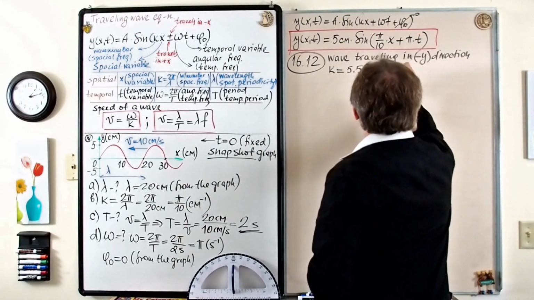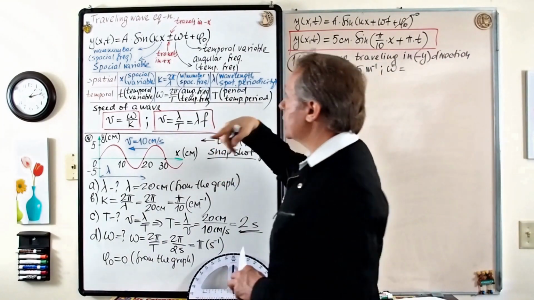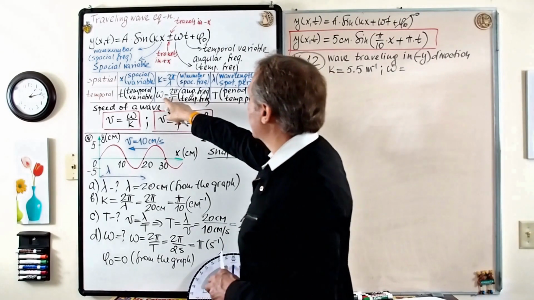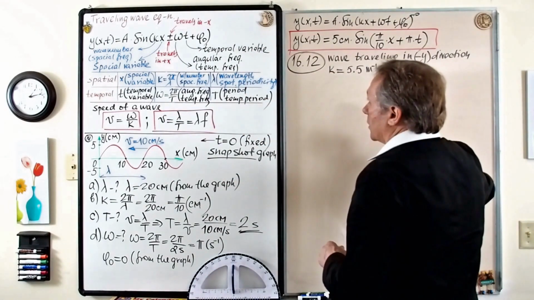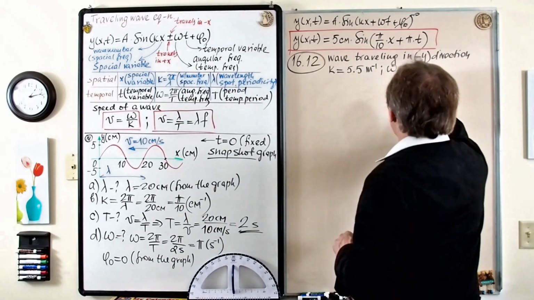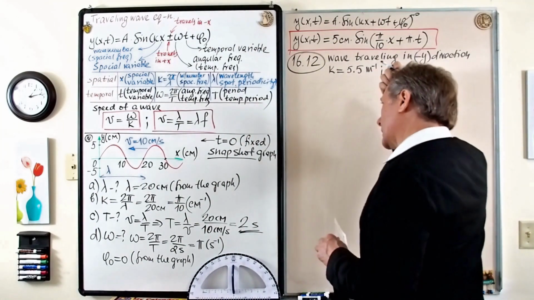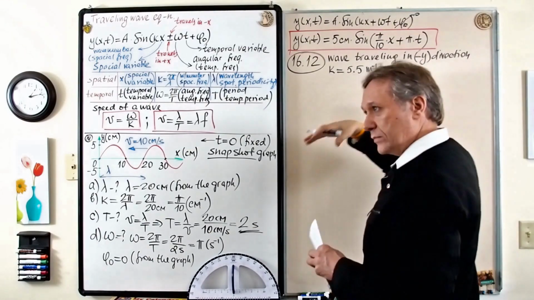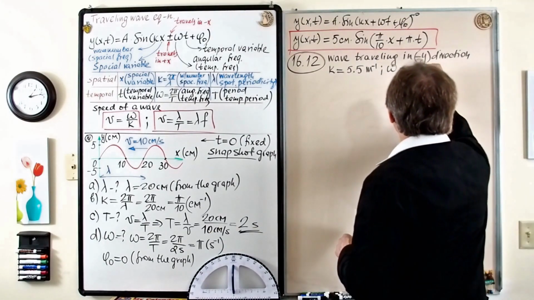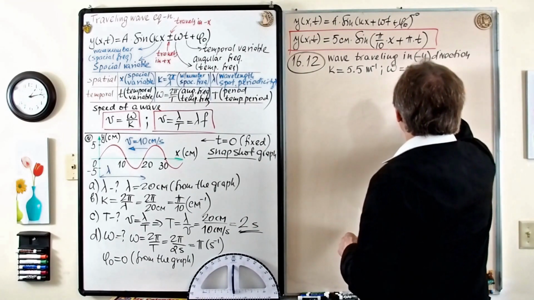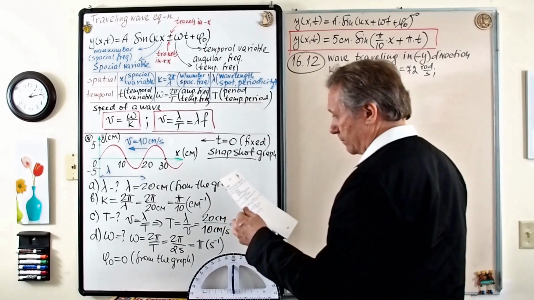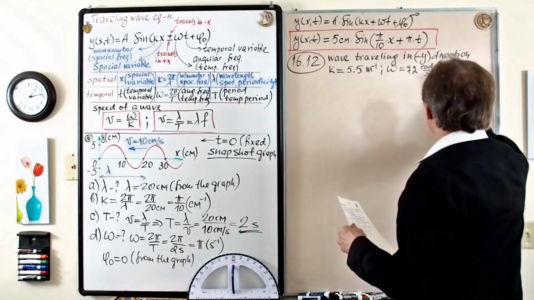Then omega, angular frequency, right, which is temporal frequency, and the value is 72. Again, it's radians per second, but omega we usually write as radians per second, right? And that's it. And the initial phase is 0.